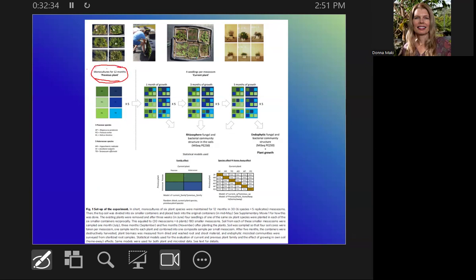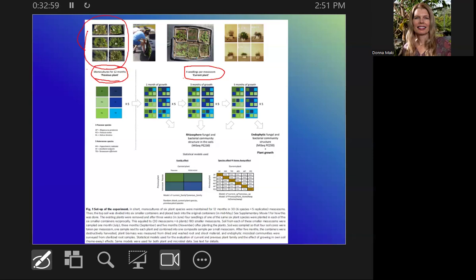Then they took 4 different species and put them into those previous plants' soils. Does that make sense? When they had that 12 months, they call this step conditioning the soil. Those plants grew for 12 months in that soil.